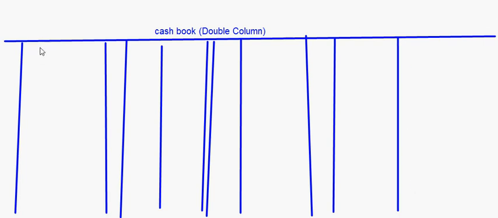So this is basically the debit side here, and I'll write this, particulars is here, ledger folio, cash, bank, right? And here again this is date, particulars, this is your LF, right? And cash and bank, right?